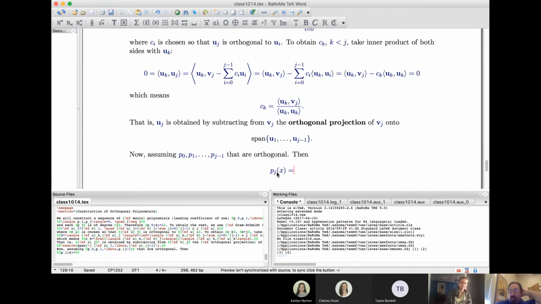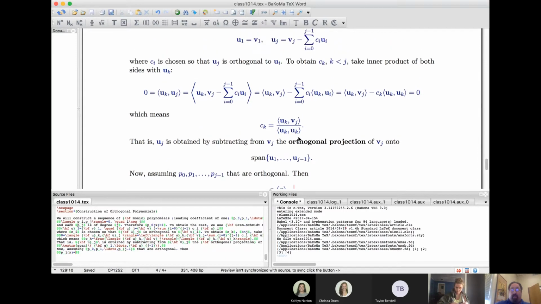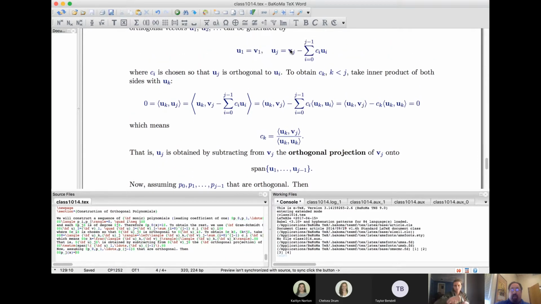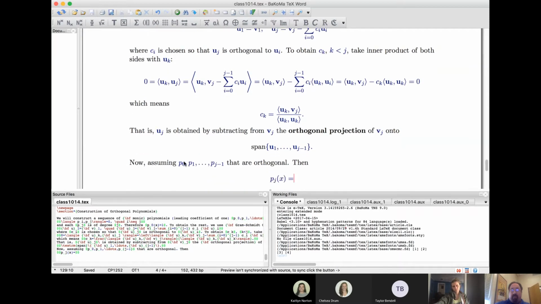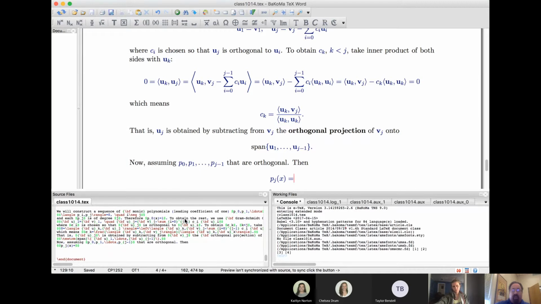So pj is of degree j, these are of lower degree. I want to take a polynomial of degree j and then subtract off multiples of earlier p's. So what exactly will I orthogonalize? I can put any polynomial of degree j here, but a convenient choice is x times pj minus 1 of x.